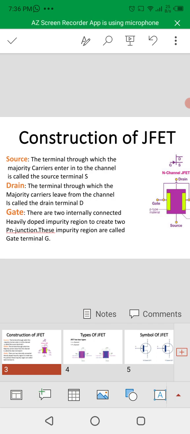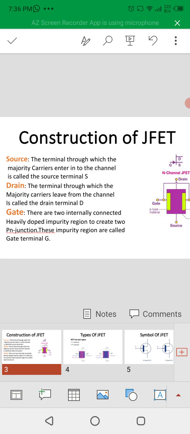And what is the function? What's the main principle and the main working? A junction field effect transistor is a voltage controlled device.